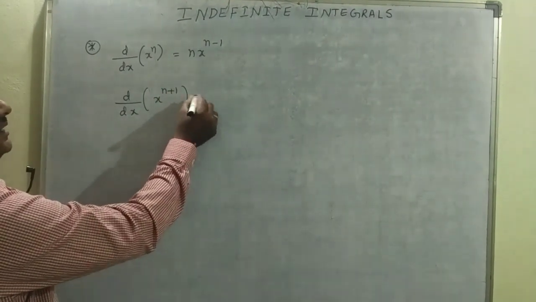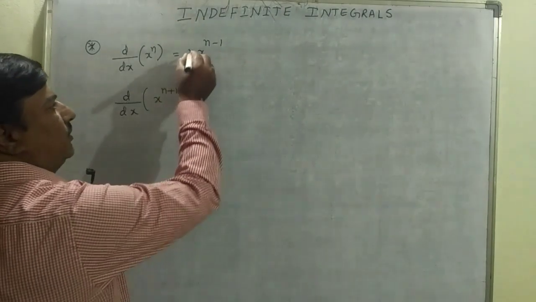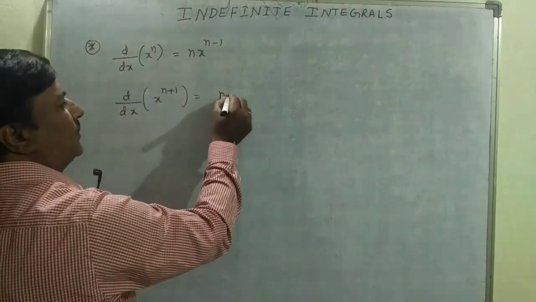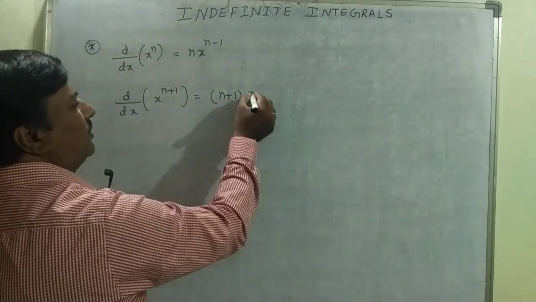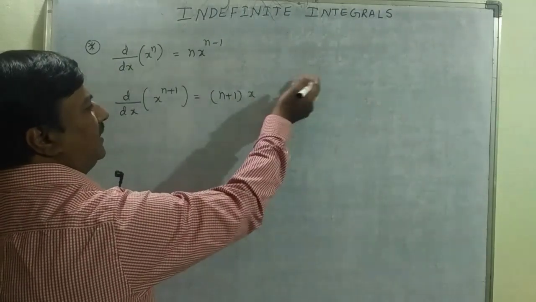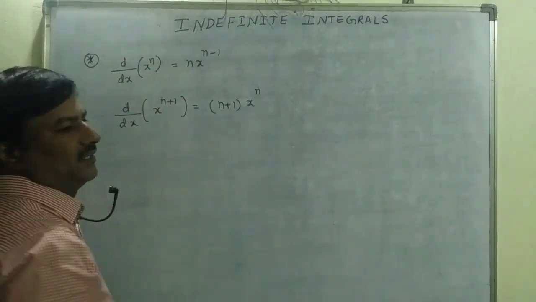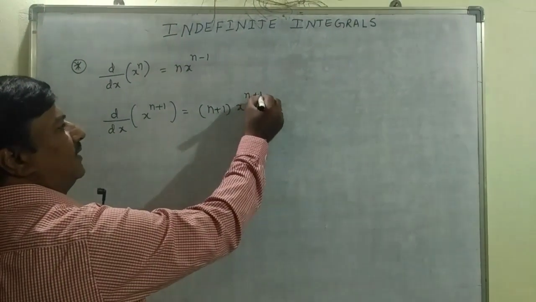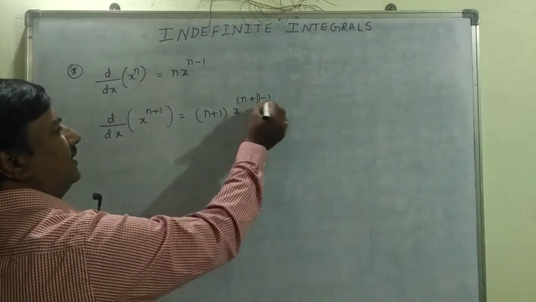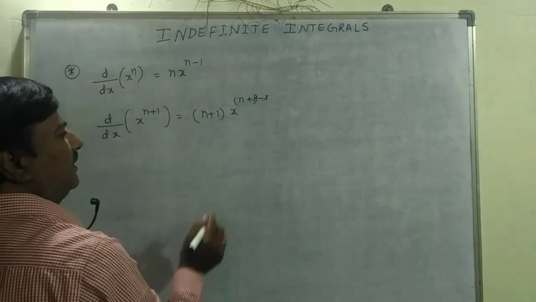Using the formula, we get n plus 1 into x to the power of n plus 1 minus 1. That is, the 1 gets cancelled, and we get x to the power of n.